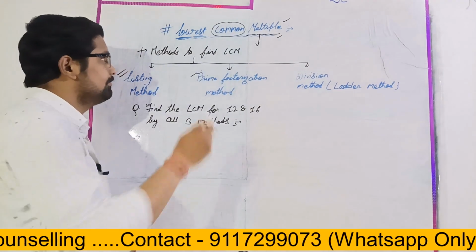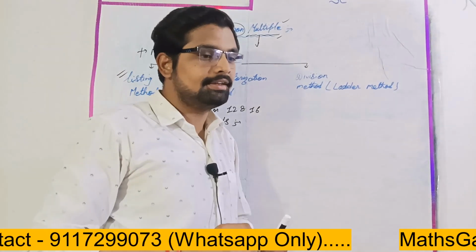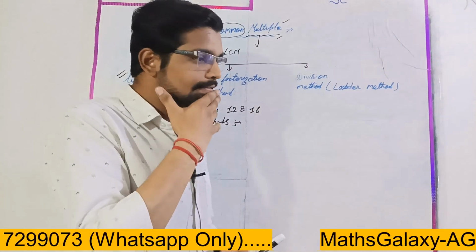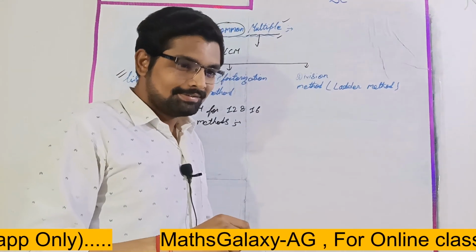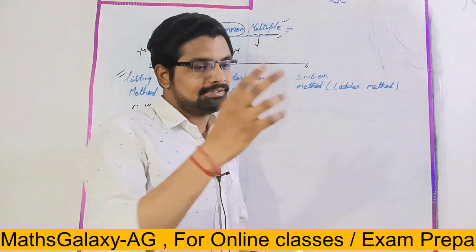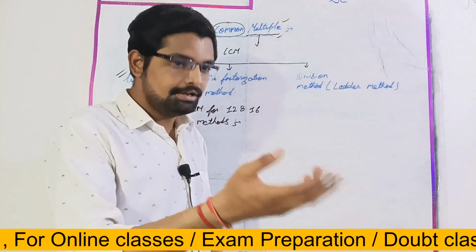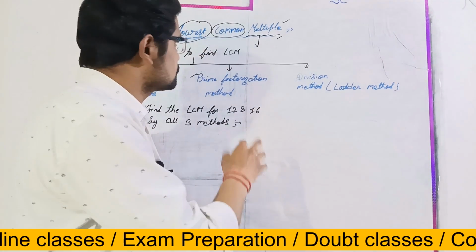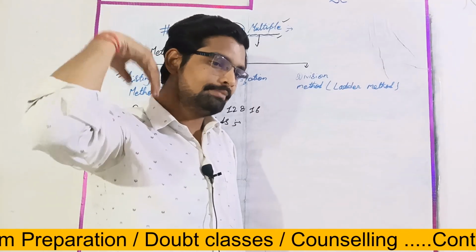Why do we find the lowest common multiple only? Why do we not find the highest common multiple? Since there are infinite numbers. Yes, because the multiples are infinite, so common multiples will be infinite. So the highest common multiple is not possible to find; it will be not defined.